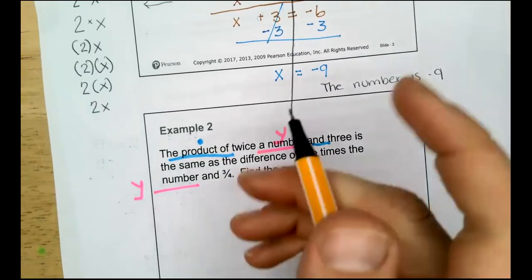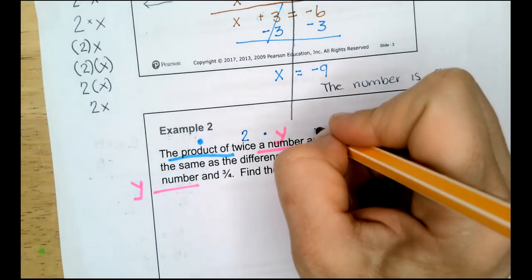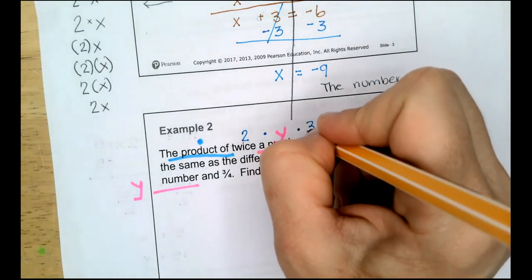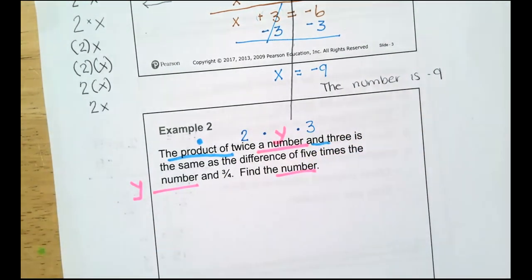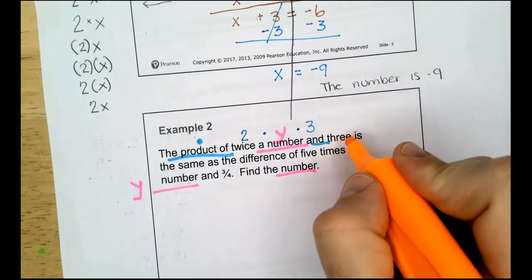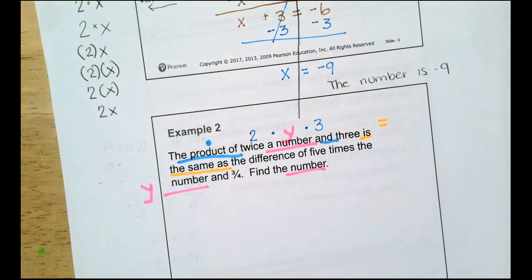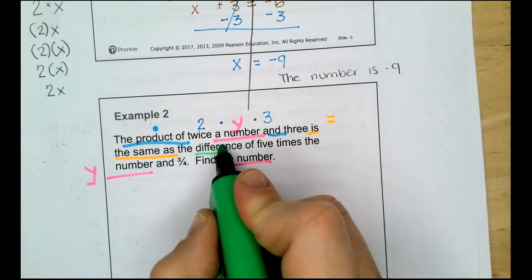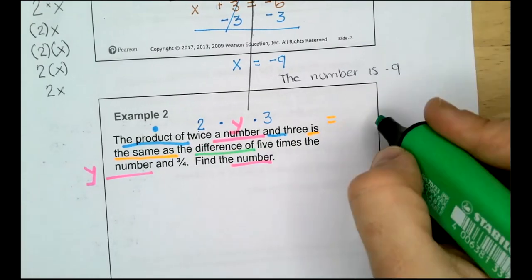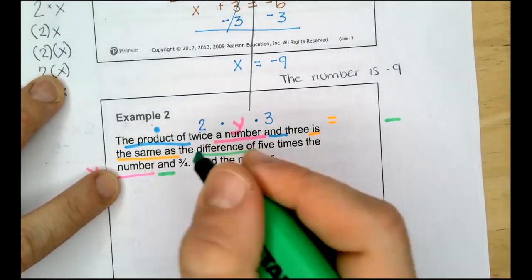This is the same as the difference of 5 times the number and 3/4.